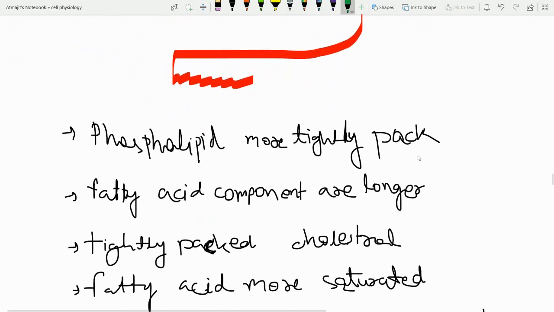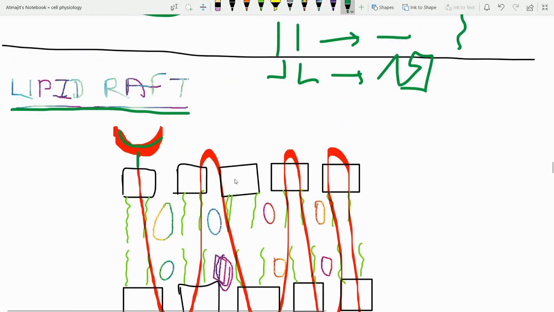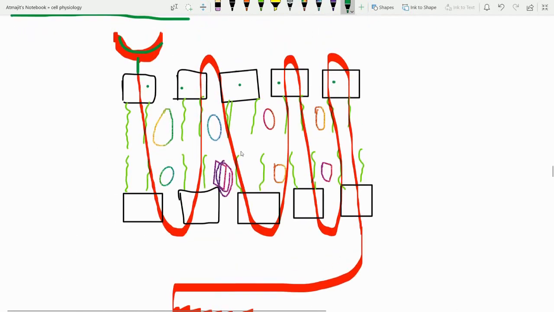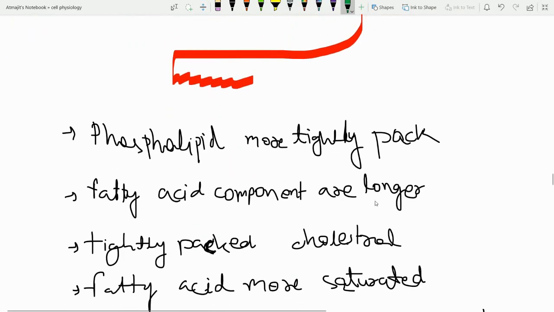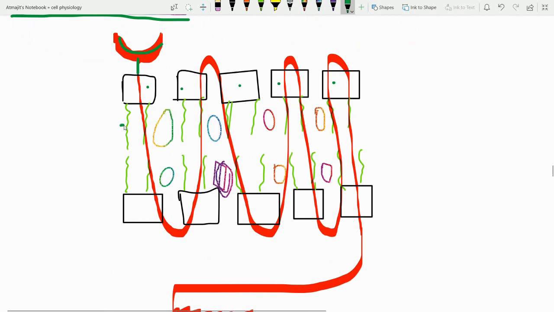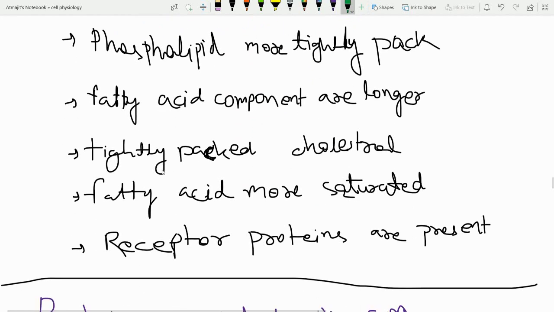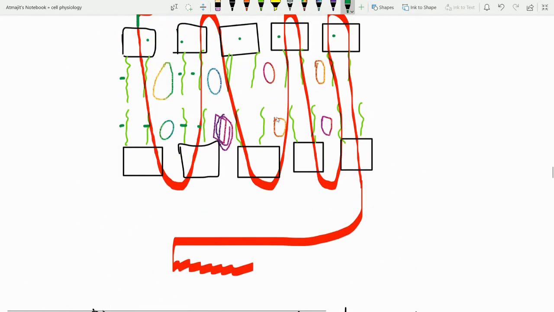Phospholipids are more tightly packed. See the phospholipids 1, 2, 3, 4, 5. These are very tightly packed, and the fatty acid tails are longer than other fatty acids. There is also tightly packed cholesterol.